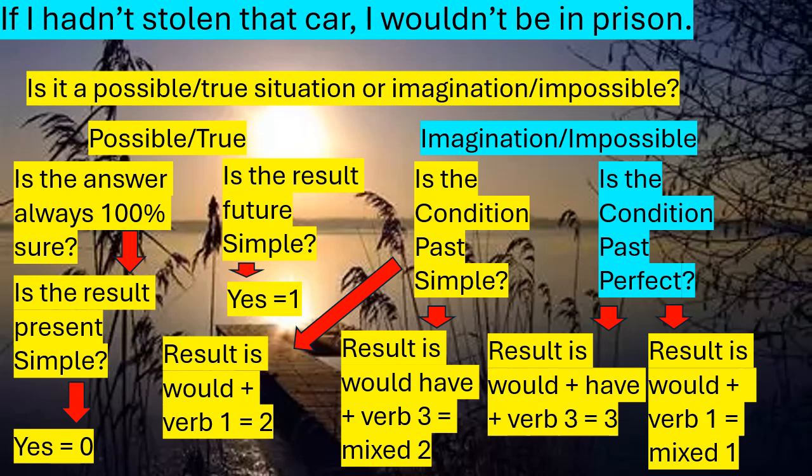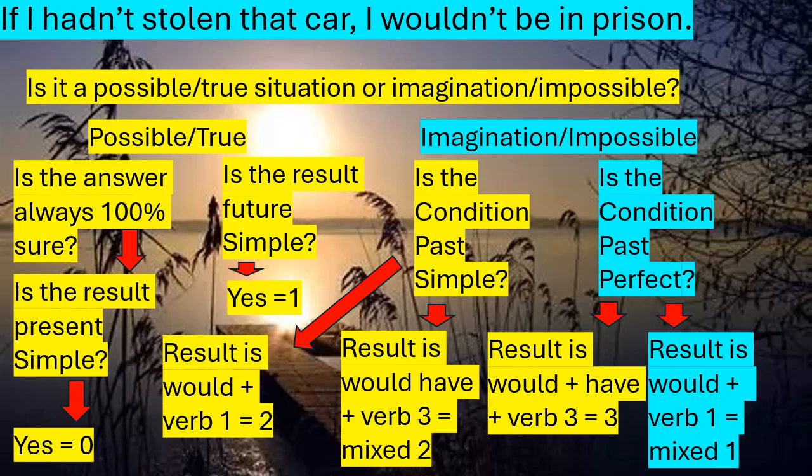Now we have to say, is the result would plus have plus verb 3, or is the result would plus verb 1? So I wouldn't, negative of would, be verb 1. So would plus verb 1, that makes it a mixed conditional. Okay, so the result is would plus verb 1 equals mixed.